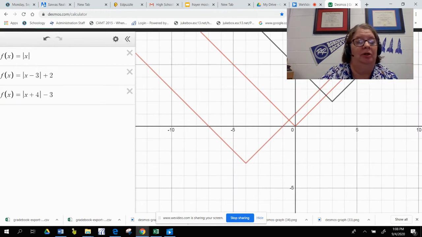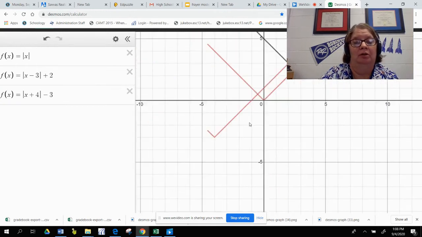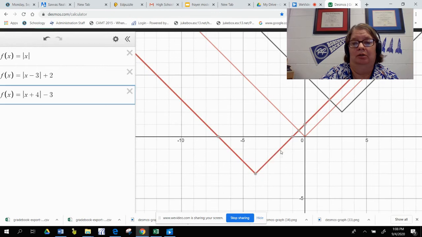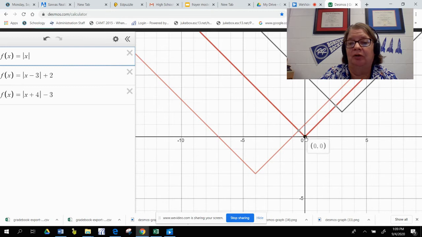It zoomed a little bit more than I wanted it to, but notice, when I say moves up or down, moves left or right, what am I talking about? I'm talking about this vertex, this turning point, moves from 0, 0 in the parent function. So this one moved right 3, up 2, right? And this one moved left 4 and down 3.